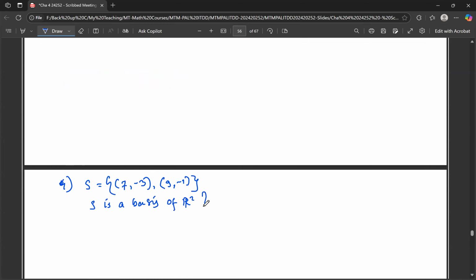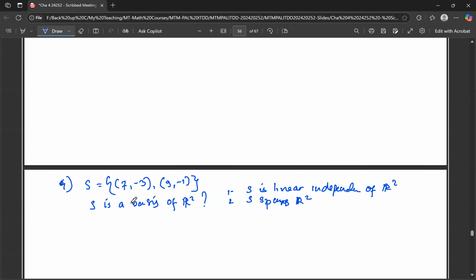This is the question. So in the definition, we must show first that S is linearly independent in R2, and second, we must show that S spans R2.